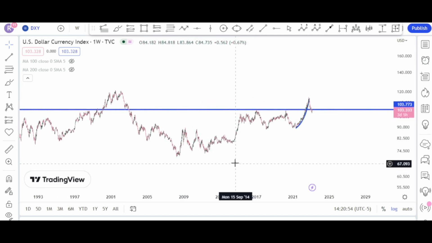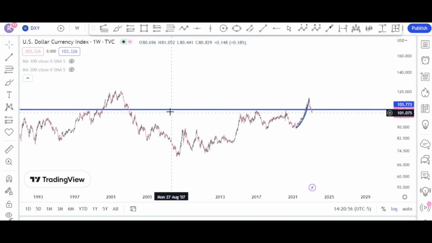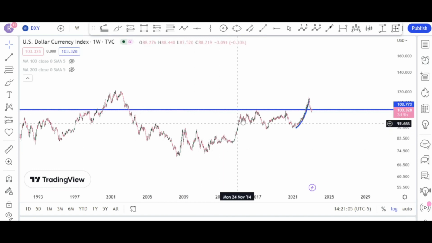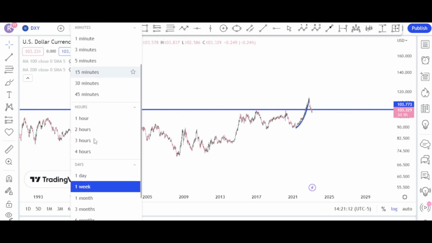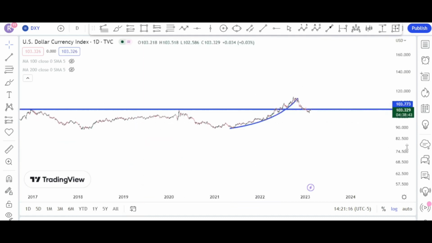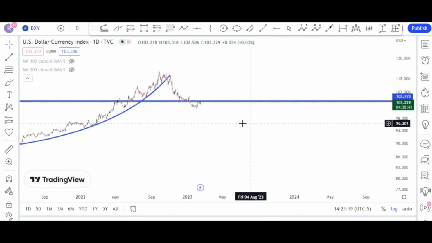Why is the DXY important? Historically, the DXY has always acted inversely compared to the crypto market. When the DXY is performing really well, the crypto market isn't performing very well. So what we noticed today is, for the last couple of days actually, we have been under this resistance line right here, but today it seems like we are actually getting that rejection, right?